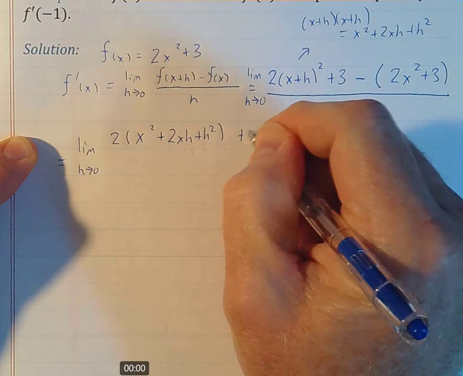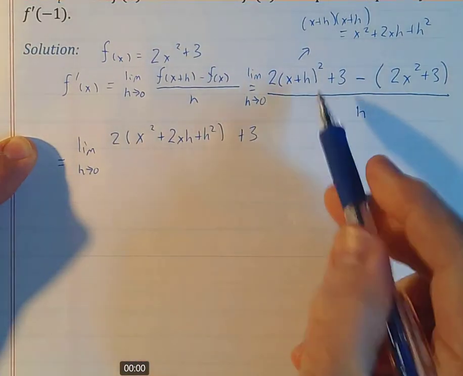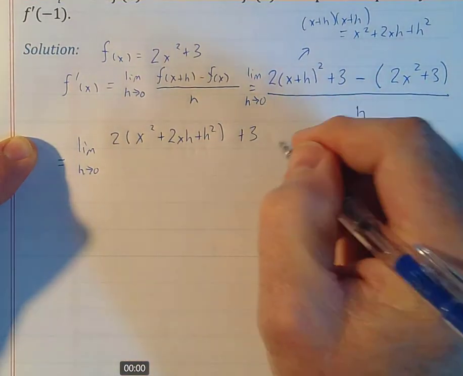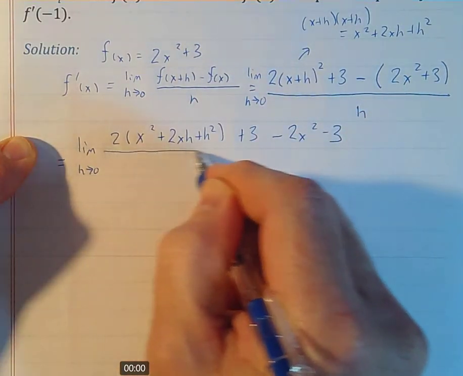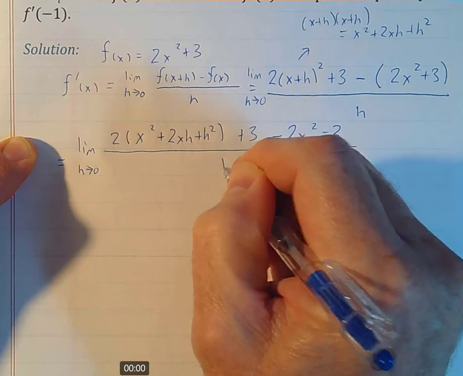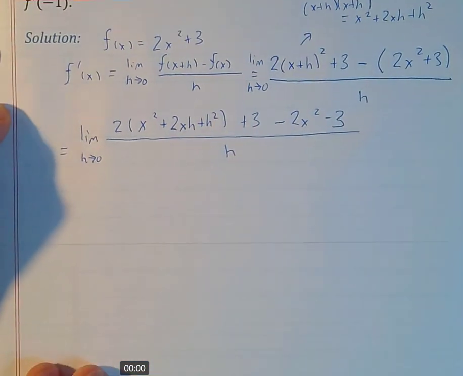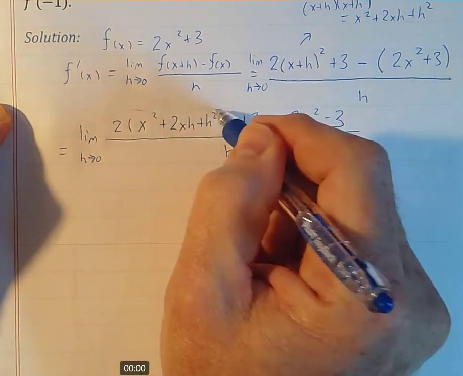I've got a plus 3 right there. Let's go ahead and put this negative inside these parentheses. So that's minus 2x squared minus 3. All of that goes over h. Let's put this 2 inside these parentheses.